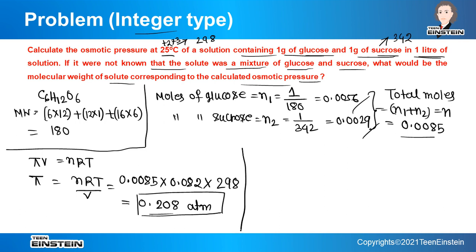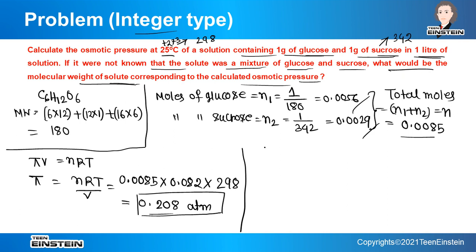Now we have to find out as if only one solute is present. Actually it is not present, but we are considering it that way because the question is given that way: the molecular weight of the solute corresponding to the calculated osmotic pressure.